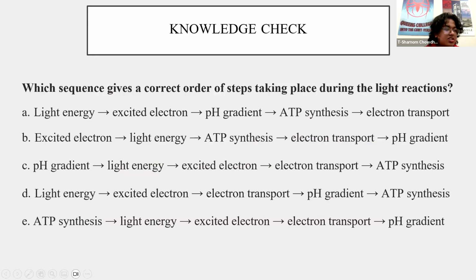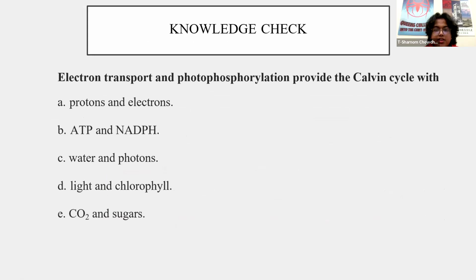So yes, the correct answer is D. Another one. B is correct. So electron transfer chain phosphorylation provides the Calvin cycle with ATP and NADPH, which is the electron carrier. All right, so good job.